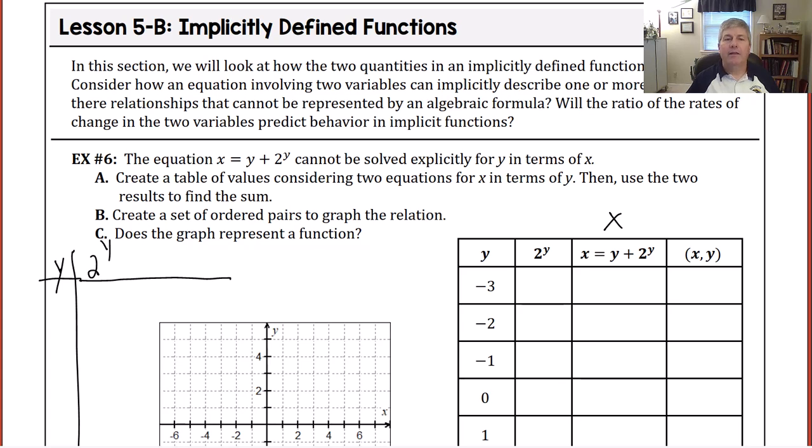Welcome back. In this video, we will continue our studies of implicitly defined functions. We're going to look at how the two quantities in an implicitly defined function vary together. We'll also ask some questions about how an equation involving two variables can implicitly describe one or more functions, and are there relationships that cannot be represented by an algebraic formula.